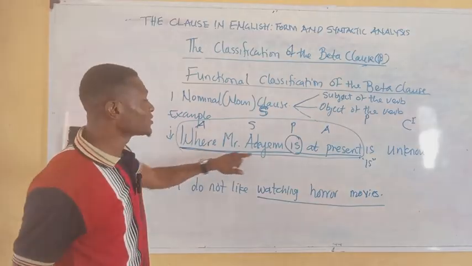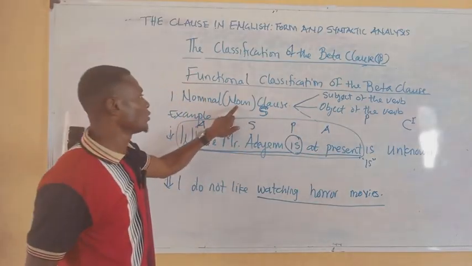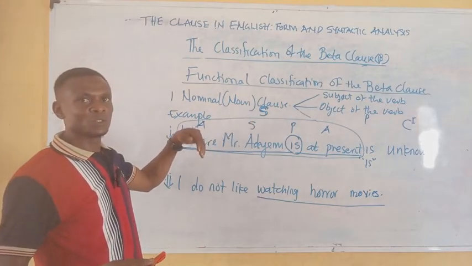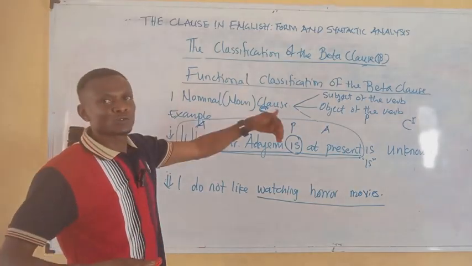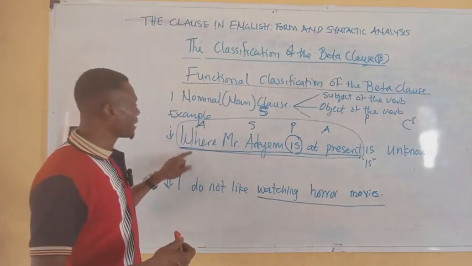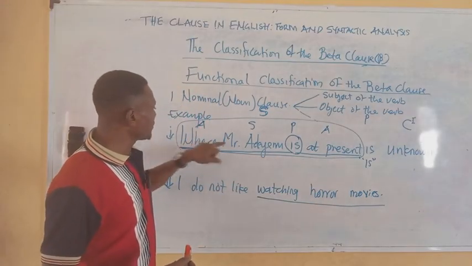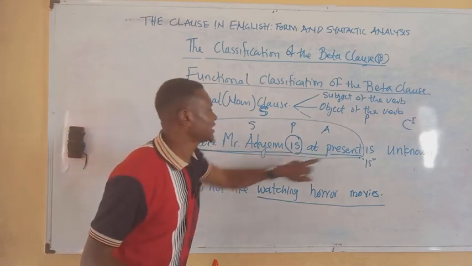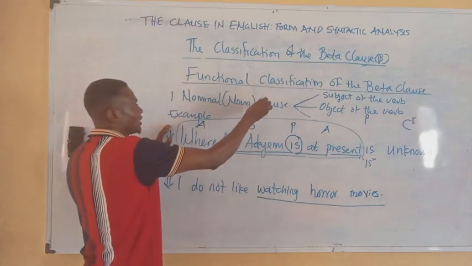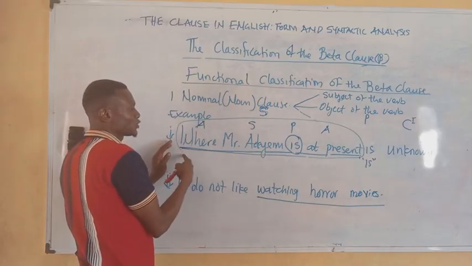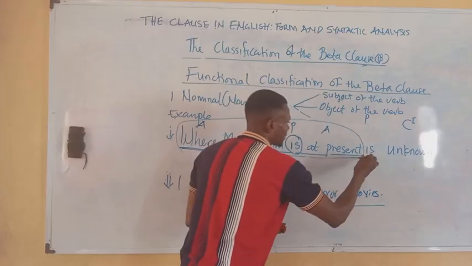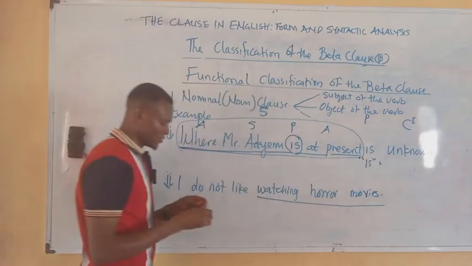A noun clause. Now, the other part of the question asks: what is the grammatical function of the underlying expression? The grammatical function of Where Mr. Adeyemi is at present is subject. Don't forget that this is the subject position. Subject of the verb "is". You have your two marks there.